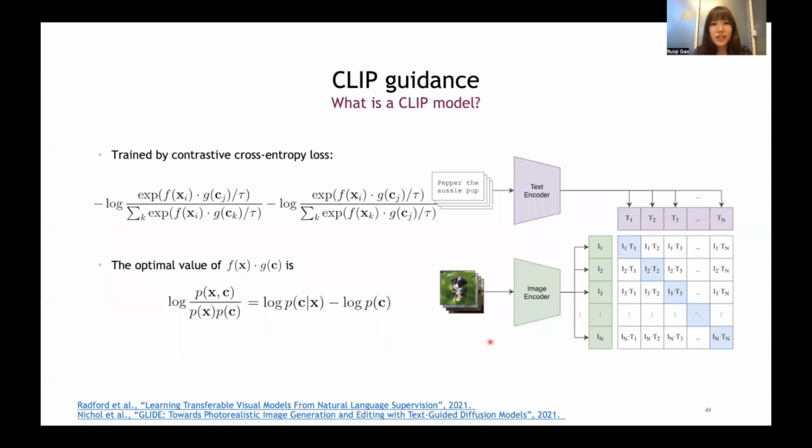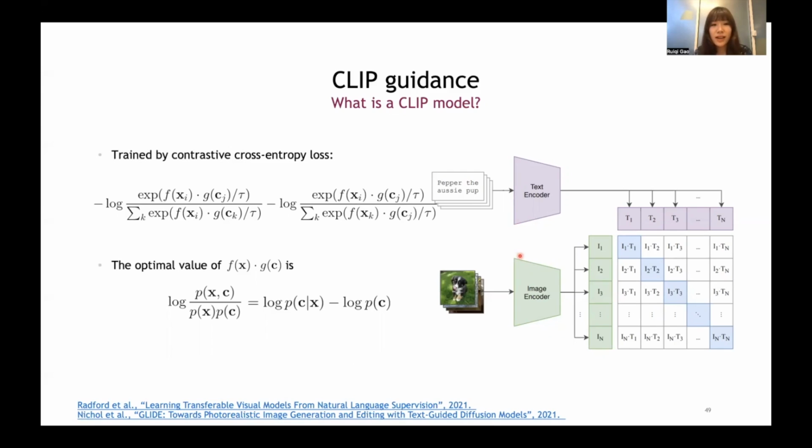So a bit of introduction to the CLIP guidance. It can be treated as a special form of the classifier guidance. A CLIP model contains two components, a text encoder G and an image encoder F. During training, batches of image and caption pairs are sampled from a large data set.